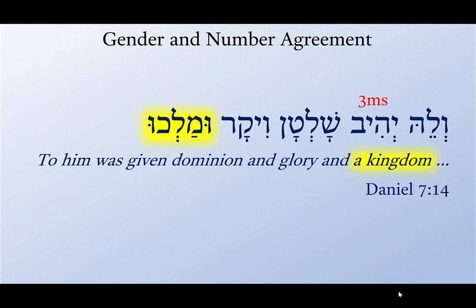So what normally happens in this kind of case is subject verb agreement with the first item in the list. Okay, so if the first item in the list had been feminine, then usually that's the subject verb agreement that you have. Now it's interesting, one way to take this is that kingdom is sort of the main idea, where the nouns before it are sort of modifying it in a hendiadys kind of way. So a ruled, glorious kingdom, that sort of idea, where if that were the case, then we would definitely have a gender mismatch, right?